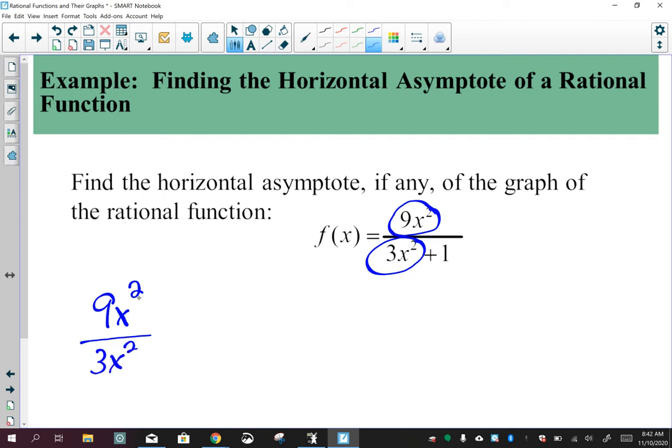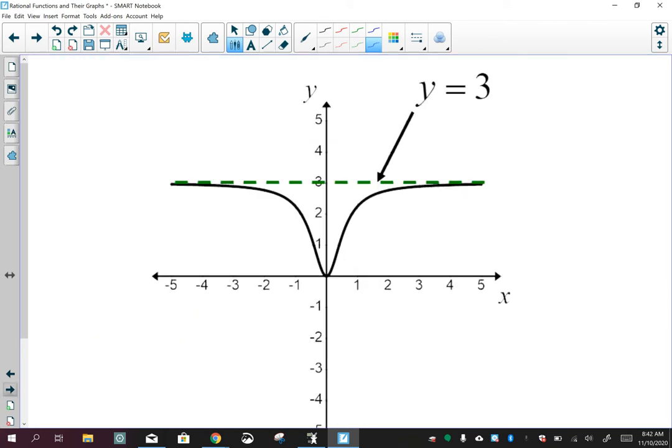Then I'm going to look at their exponents. Since they're both the same, I'm going to reduce this fraction and wind up with the 3. So I have a horizontal asymptote at y equals 3. And if I was to graph this, that's what I would get.